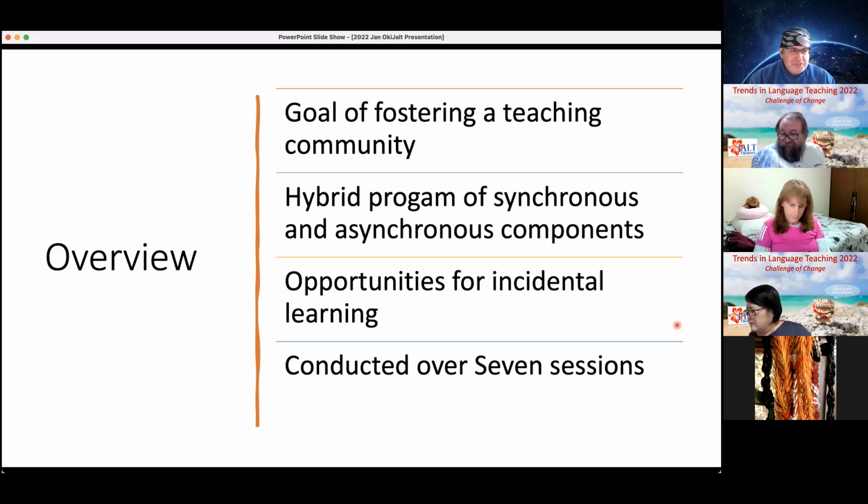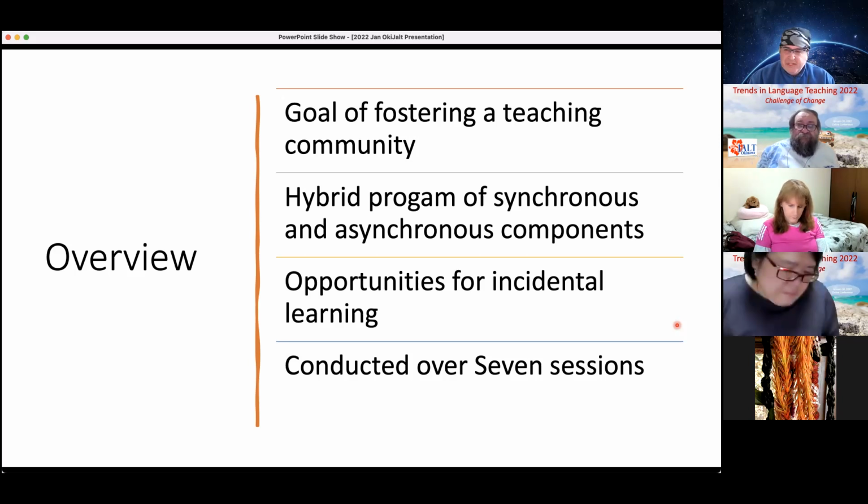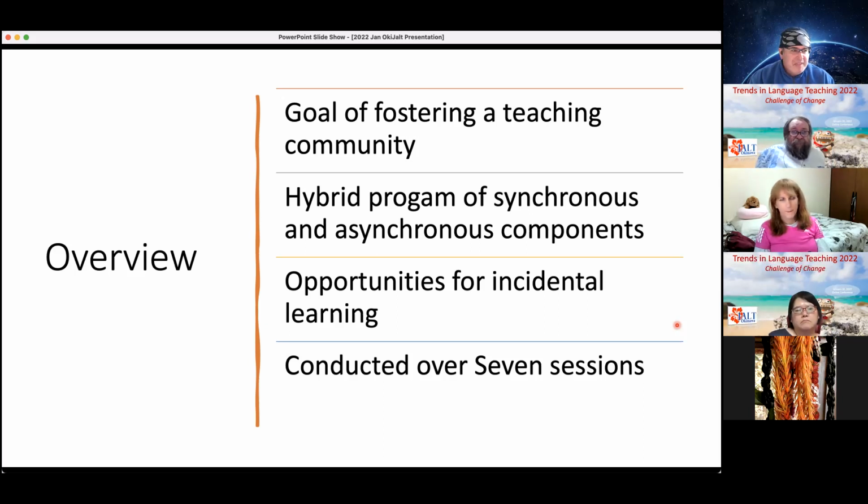And very teacher-centered kind of program. This was a hybrid program of synchronous and asynchronous components. I put it on an LMS. And I gave opportunities for incidental learning, which is not pointed out, but incidental, like, oh, I didn't know I could do that. And just trying to provide examples that people could pick up on.